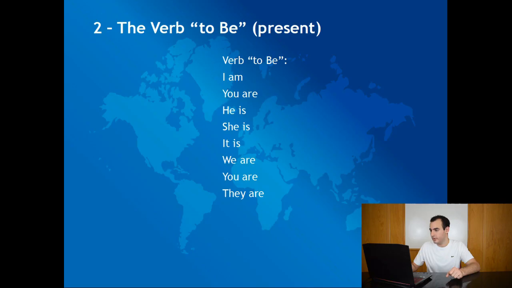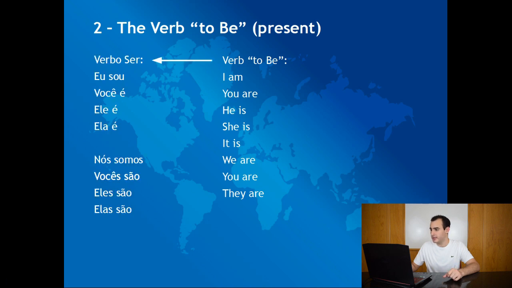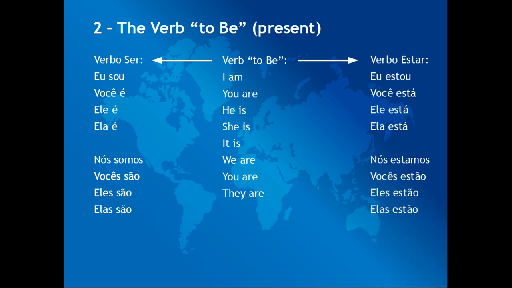So here in the center of the screen you can see the verb to be in English. I'm going to put an arrow to the left, and here you can see the Portuguese verb ser, which is one of the translations of the verb to be. And here we have another arrow pointing to the right, to the verb estar, which is the other translation.